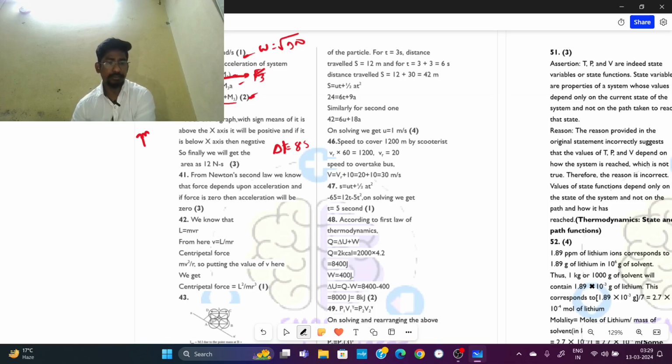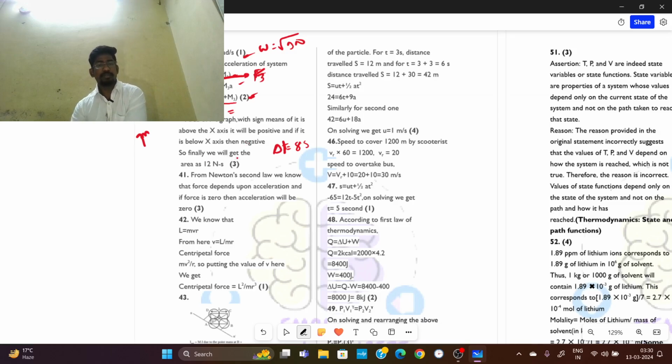And you all know that impulse is equal to force into change in time. And you also know from question number 4 that impulse is nothing but change in momentum, del p. So for the area of this graph, above the x-axis it will be positive, and if it is below the x-axis, it will be negative.